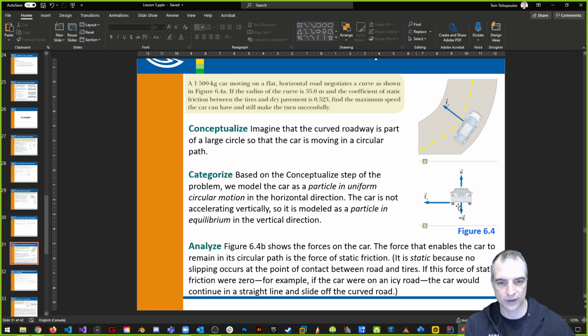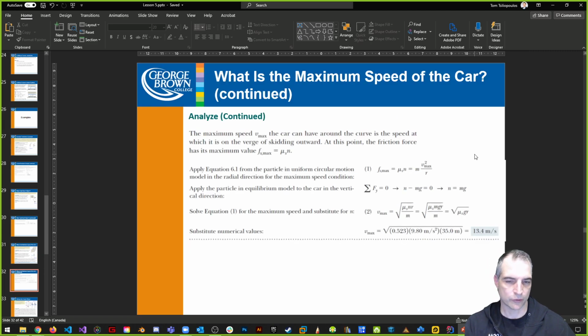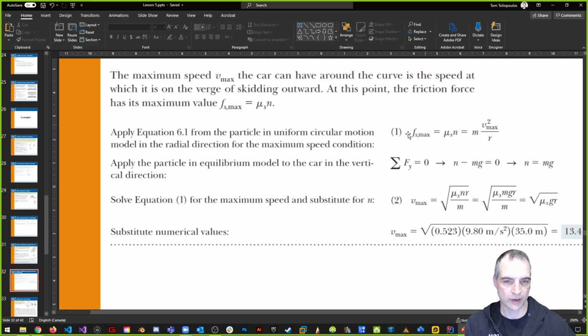The total tension that we can have, if you will, across the road as we're moving forward, right? Which is really what we're doing at the end of the day. So when we calculate it, we can say that the maximum force of static friction is equal to the coefficient of static friction times the normal force. So, and what we do, the normal force is mg, g being gravity, right?